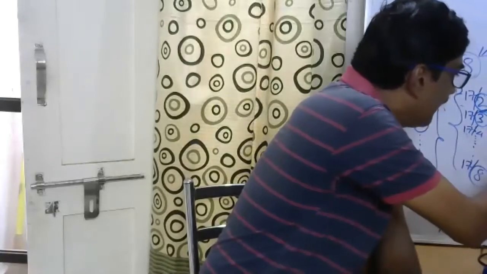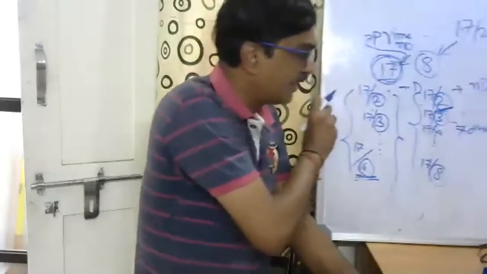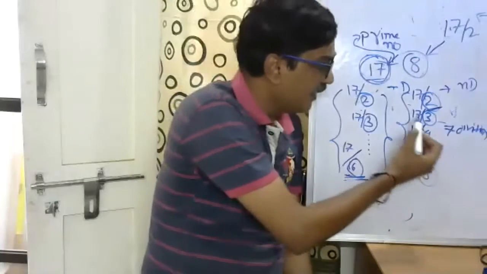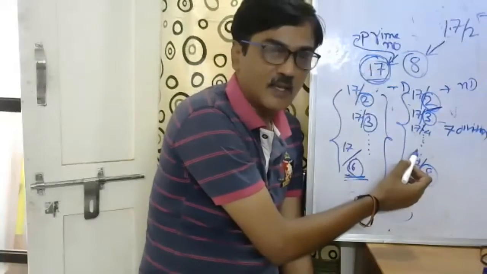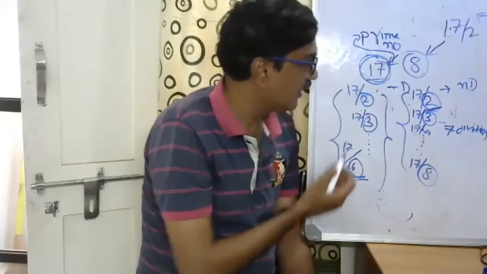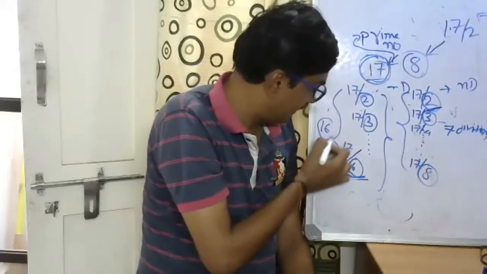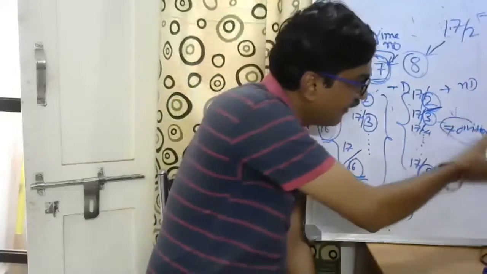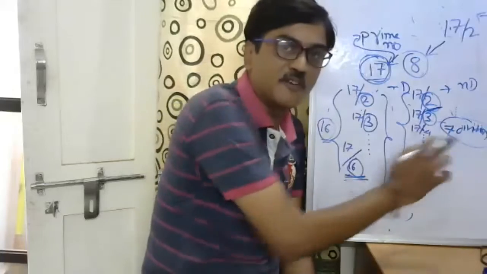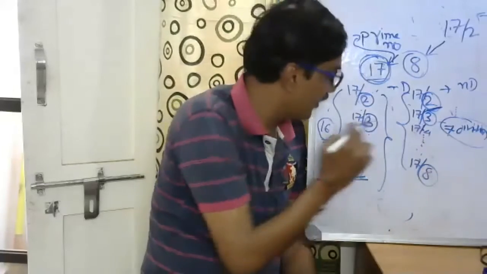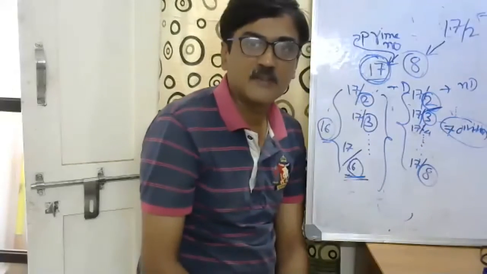So comparatively, this logic is better compared to the first logic. In the first logic, this would have taken 16 divisions and this is taking 7 divisions. Almost the number of divisions has been reduced by more than 50%.